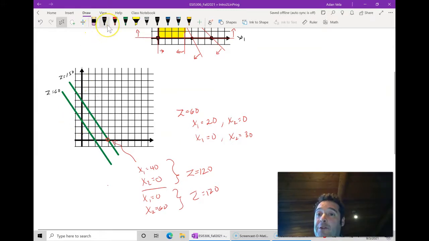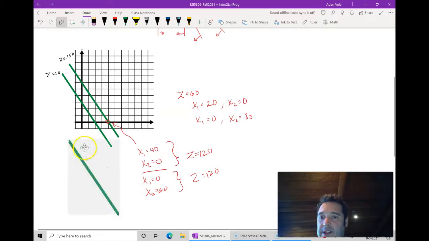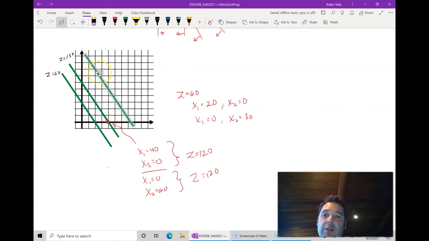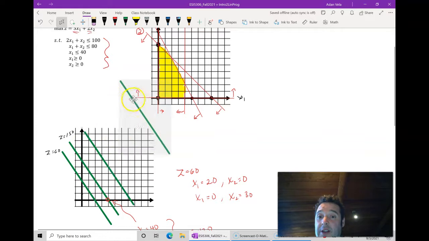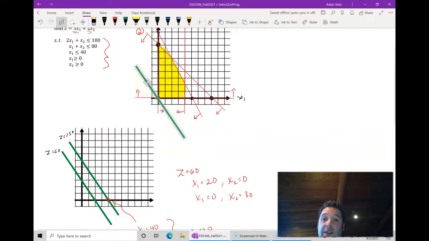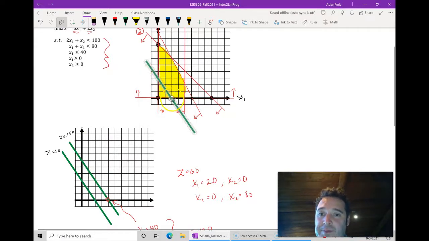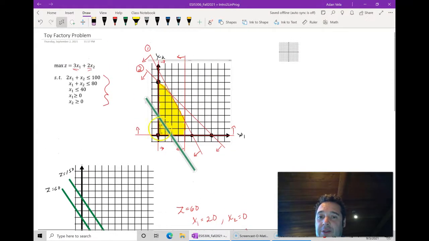So effectively what we're doing when we optimize graphically, we want to take this isoline and see how far we can start moving it up and still have a solution in the feasible space. So let's try to do that. So I'm going to take this isoline and put it right here. So at this point, our solution is 0. If we move it, let's say right here, it looks like we're crossing the boundary at 20, right? So our solution is 60.